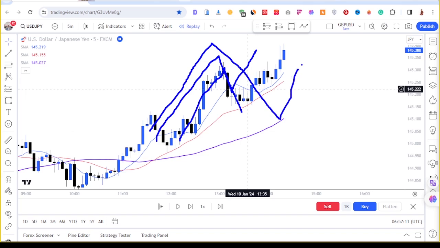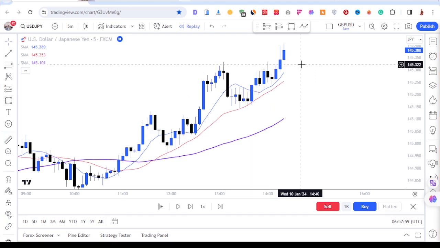Based on these three types of pullbacks, I can know which types of trades I am going to place. For example, if the market is making shallow pullbacks, it is a strong trend, so I would like to place a breakout trade. Let me show you what I mean.